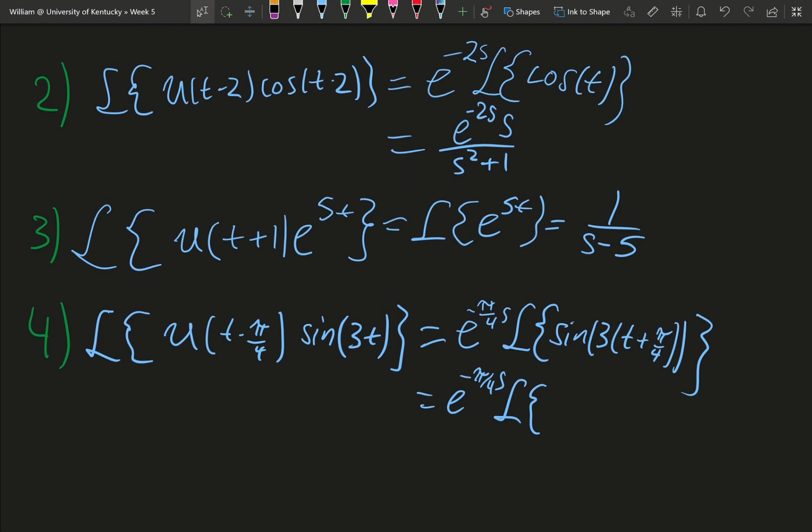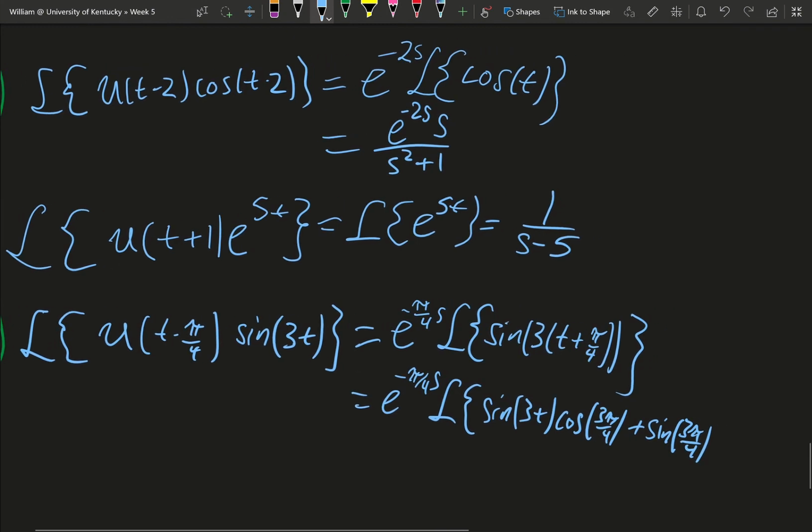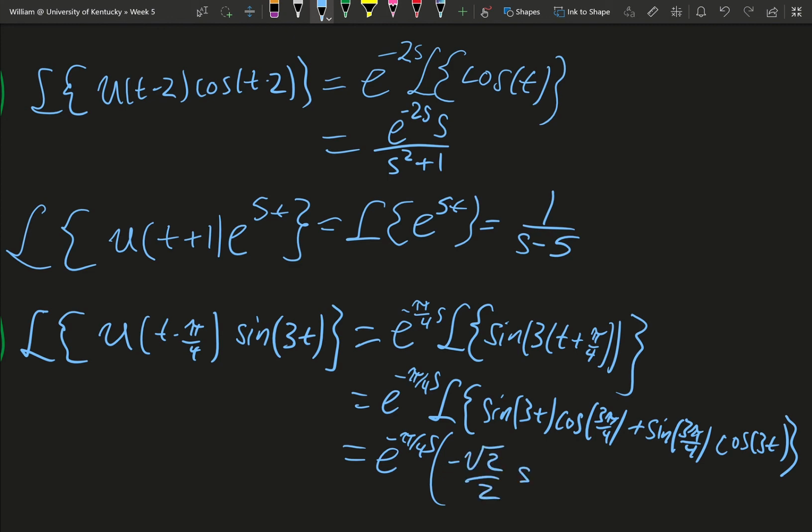We now have to use the addition formula, so that's going to be sine of 3t times cosine of 3 pi over 4 plus sine of 3 pi over 4 times cosine of 3t. Cosine of 3 pi over 4 is negative square root of 2 over 2.